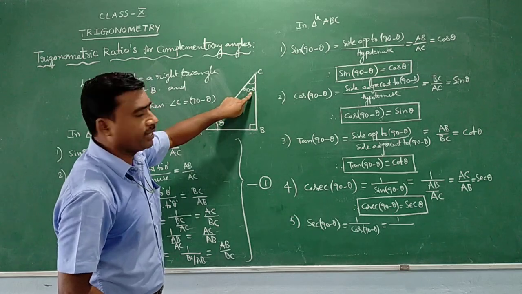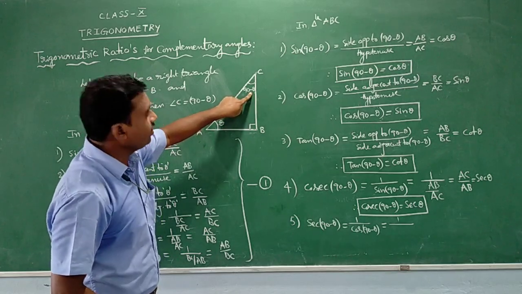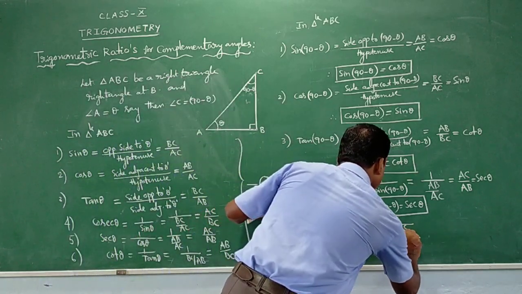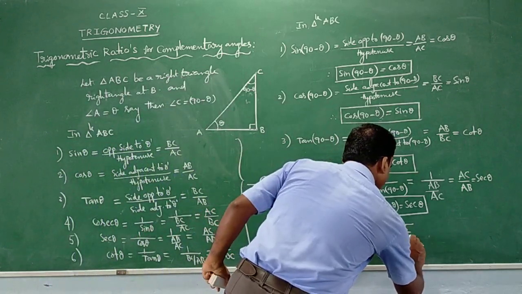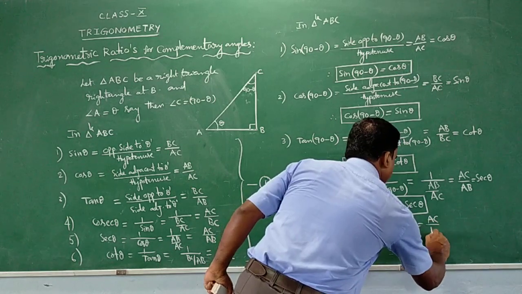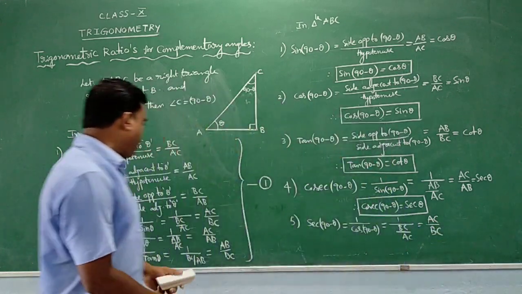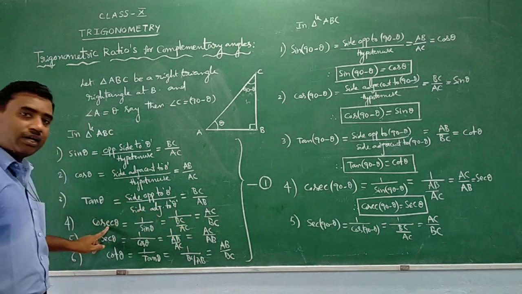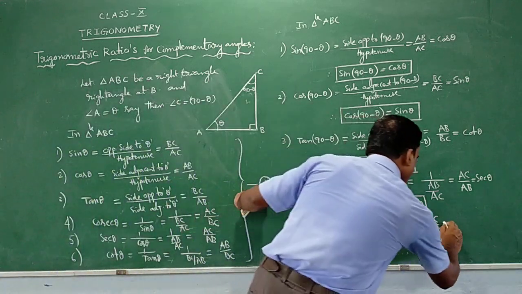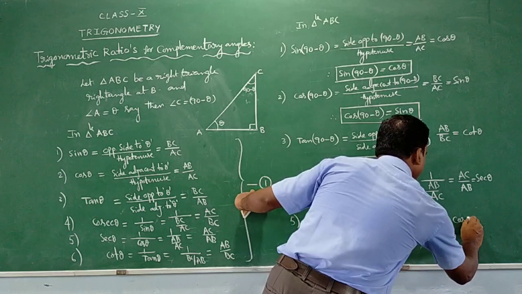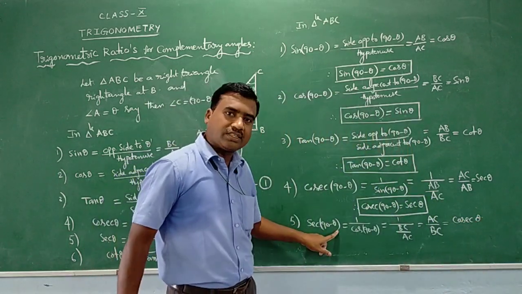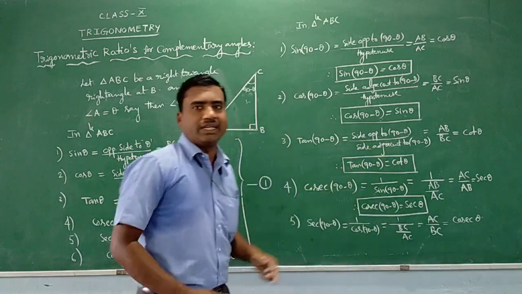So the adjacent side to (90 minus theta) by hypotenuse is BC by AC. That is equal to AC by BC, so AC by BC here is cosecant theta. Therefore secant(90 minus theta) is equal to cosecant theta.